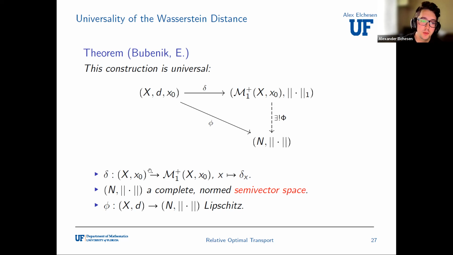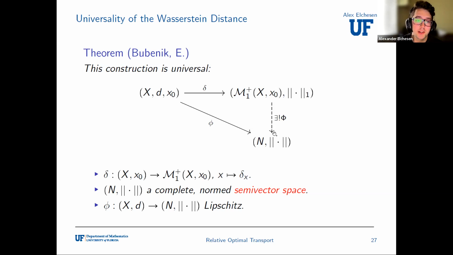But of course, the base point gets sent to 0, because in this quotient space, the Dirac at x naught is just the 0 measure up to equivalence. So this is a pointed map into the semi-vector space.